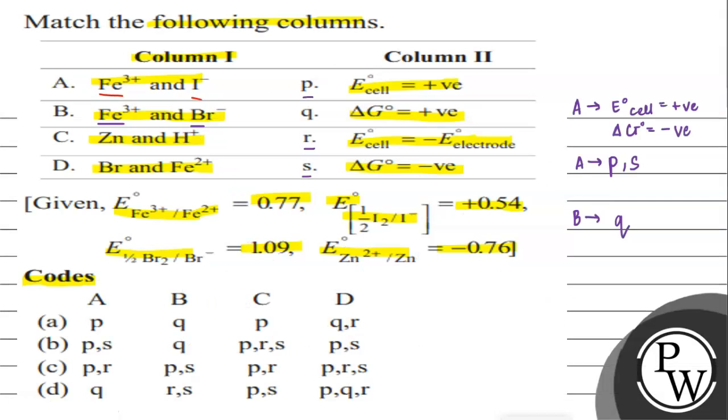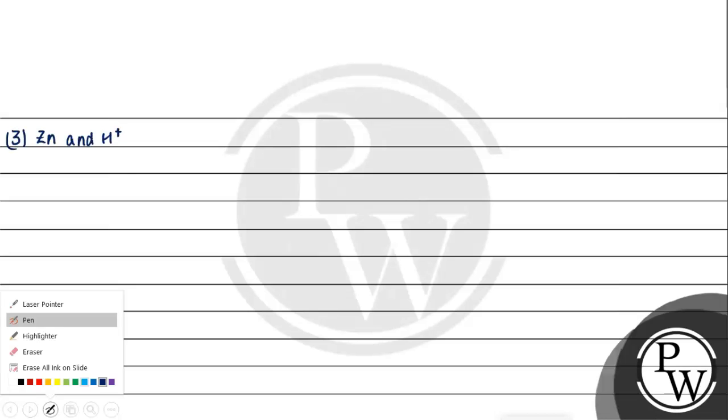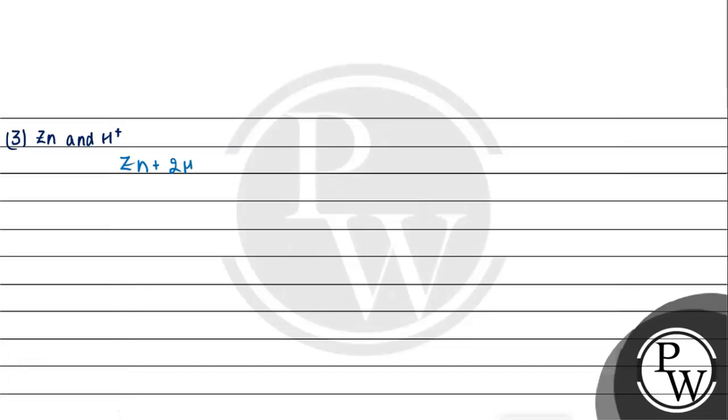अगर हम C ऑप्शन देखें तो it is Zn and H+. The reaction involved is Zn plus 2H+ gives Zn2+ plus H2. This is the reaction involved. और अगर हम इसका E° cell निकालें, it will be E° H+/H2 minus E° Zn2+/Zn.